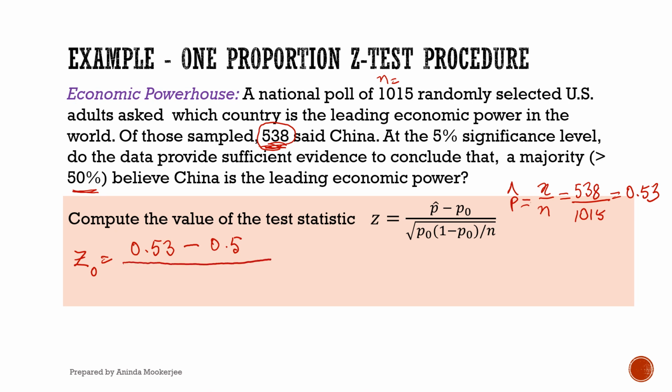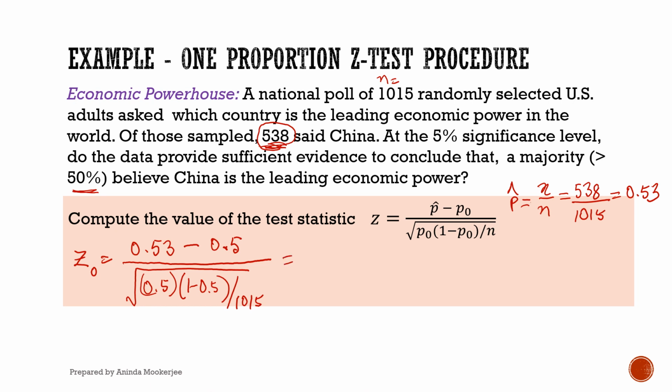Divided by the denominator, which will be the square root of p sub 0, 0.5, times 1 minus 0.5, divided by 1015.